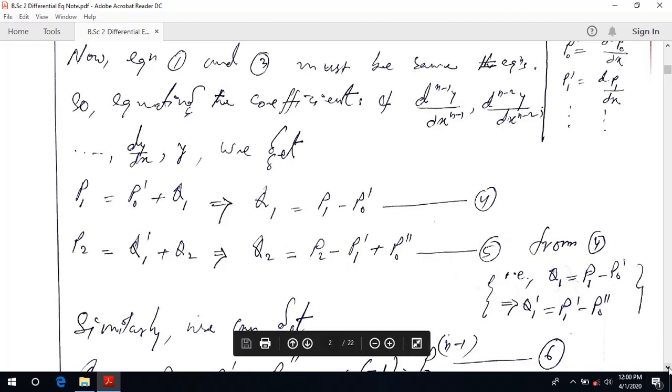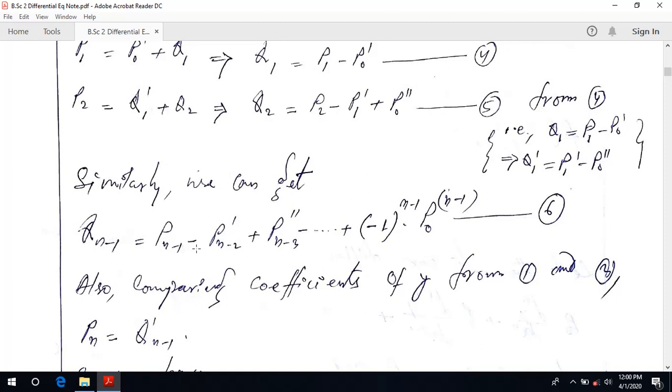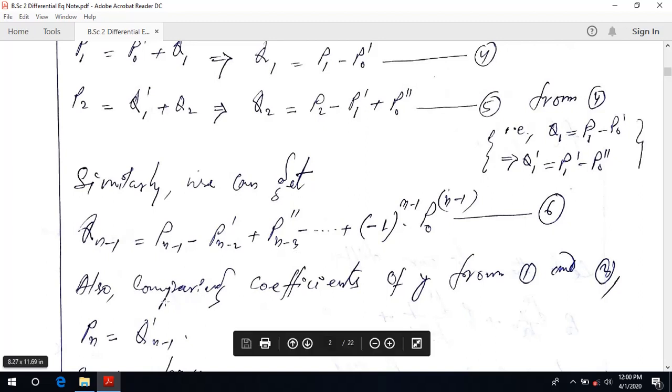So similarly, comparing other terms, comparing the coefficient of the last second term in equation 1 and 3, we get this relation. And also comparing the last term in equation 1 and 3. Last term means we have to compare the coefficient of y from equation 1 and equation 3.